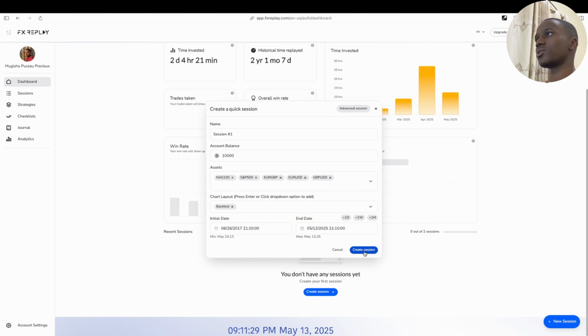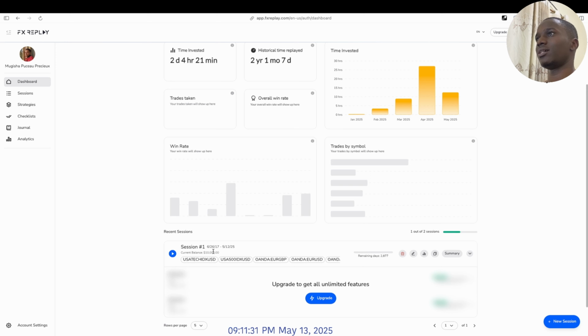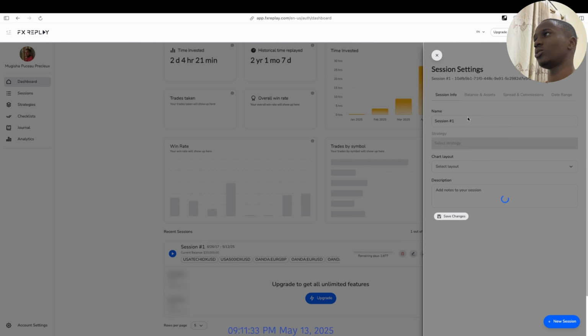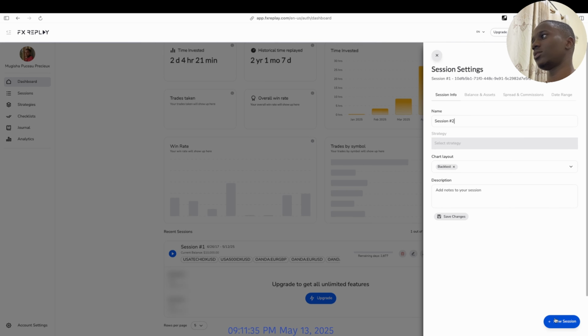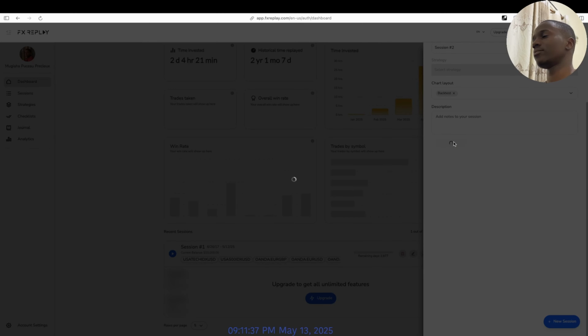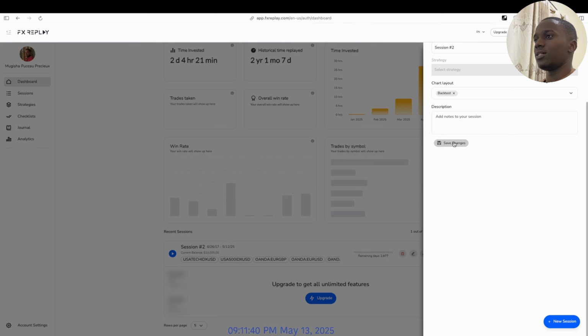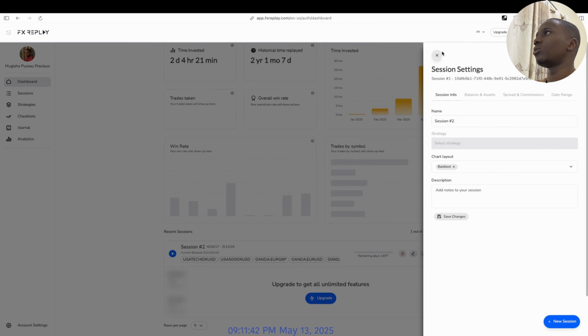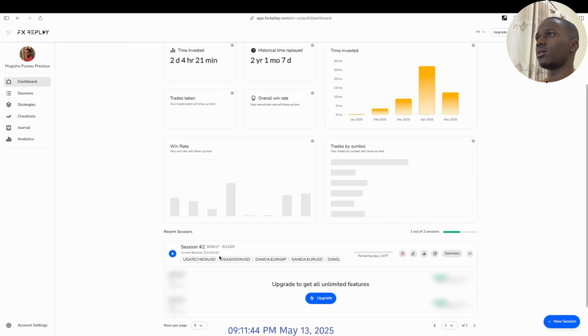So we create session. You can see we are. Oh, you named it session 1. It should be session 2. Yeah. Alright, so yeah, I have 2,800 days remaining to backtest, so let's get going.